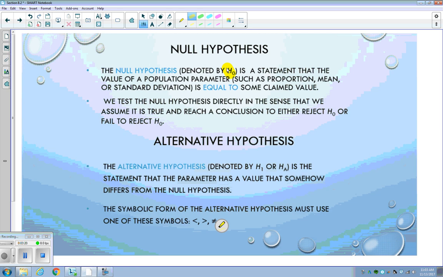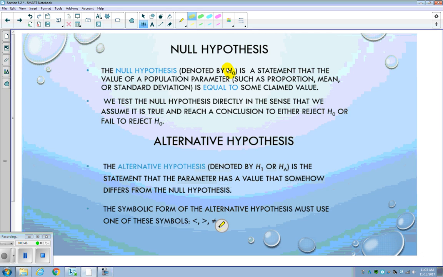That's a chi-square test. We will test the null hypothesis directly, in the sense that we will assume that the null hypothesis is true. We're going to state it so that we want the null hypothesis to be true. That's how we're going to test it.